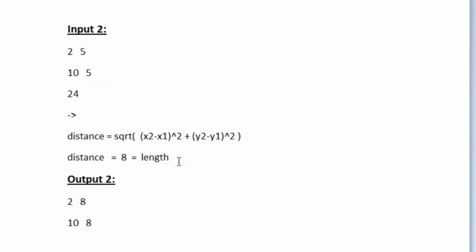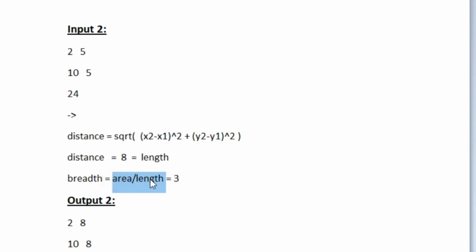So the breadth will be area by length. So again I am writing breadth is equal to area by length, which is nothing but 24 by 8, which is equal to 3. So the length of the rectangle is 8 and the breadth of the rectangle is equal to 3. So using these values of length and breadth, now we are going to find the remaining two coordinates.